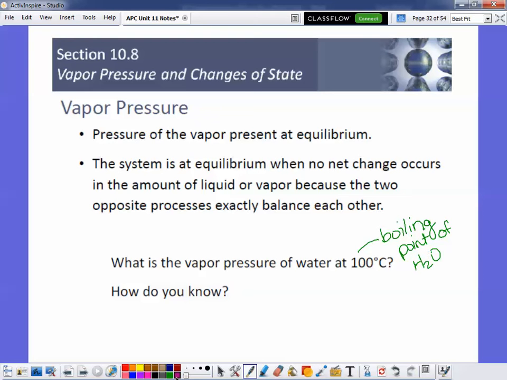So at the boiling point, fun fact, at the boiling point of any liquid, the vapor pressure equals the atmospheric pressure.